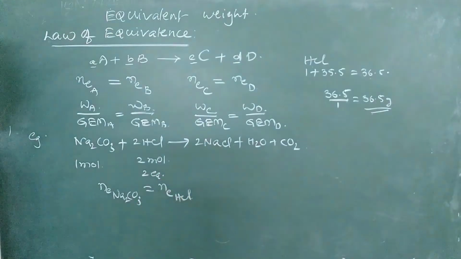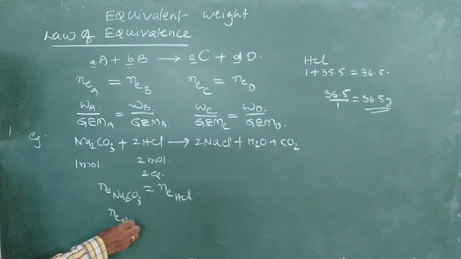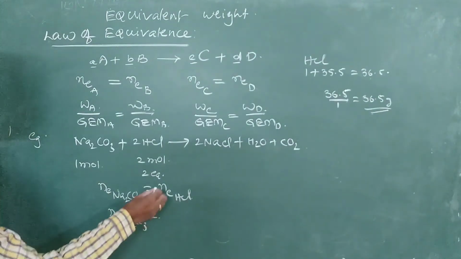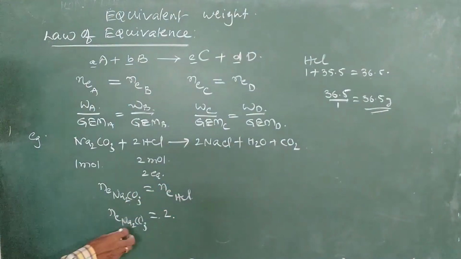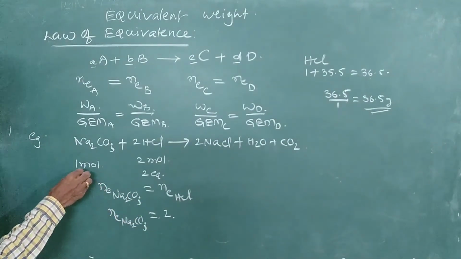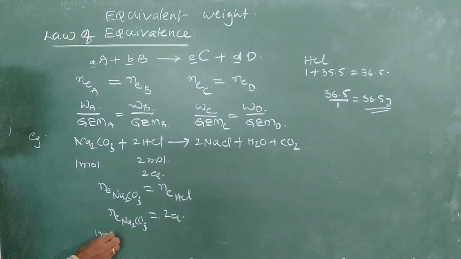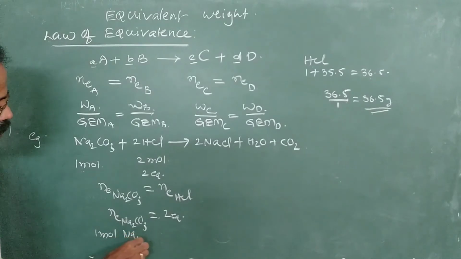As per the law of chemical equivalence, the number of equivalents of sodium carbonate is equal to the number of equivalents of HCl. Okay, so the number of equivalents of sodium carbonate now is equal to 2, right? So 2 equivalents is the number of equivalents, and on the left hand side it is equal to 1 mole. Okay, so now 1 mole of sodium carbonate is equal to 2 equivalents.